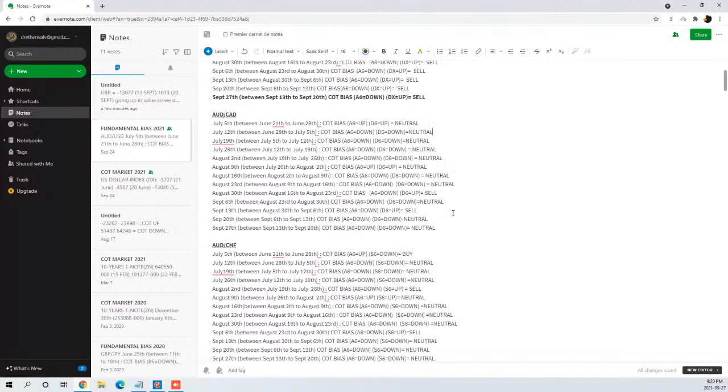USD CAD, like we looked at, CAD was going down. Since the Australian dollar is going down too, they're going in the same direction. That means it's a neutral pair.